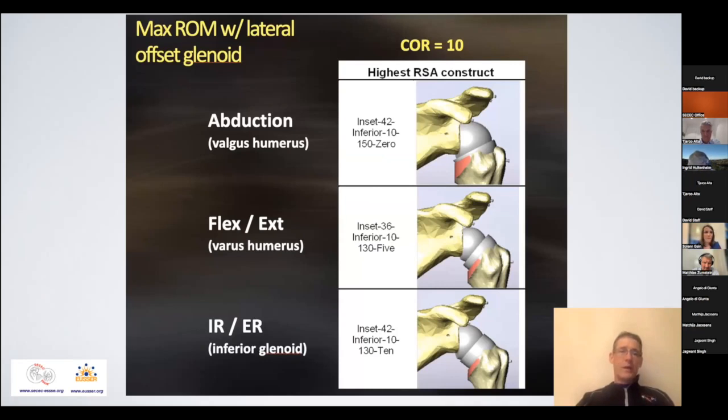And looking again at flexion extension, the optimum was 130 degrees varus cut with a 36 millimeter glenosphere. And finally, looking at internal and external rotation, again using a center of rotation lateralized glenosphere, 42 millimeter glenosphere, and a 130 degree humeral cut.